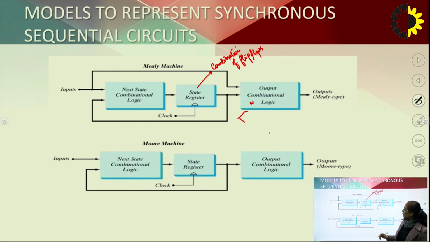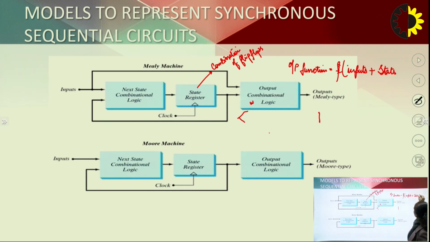So this type of circuit, where your output function is the function of your inputs and some states, is known as a Mealy type machine.